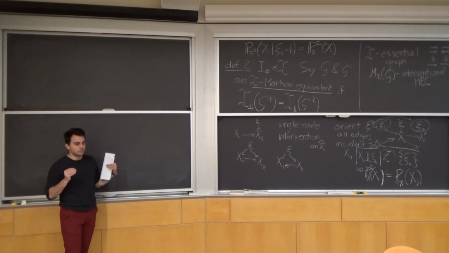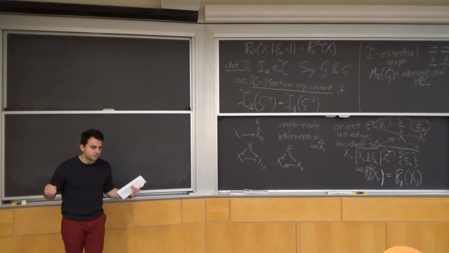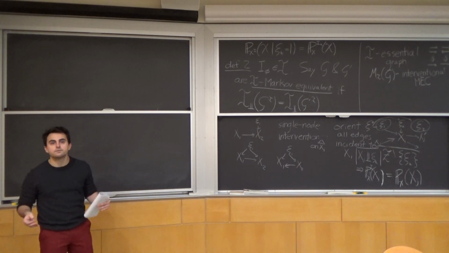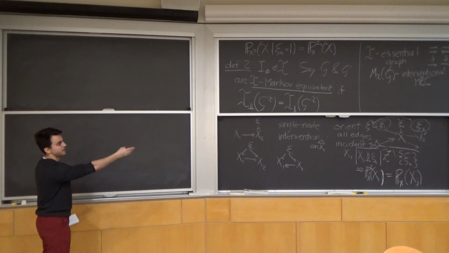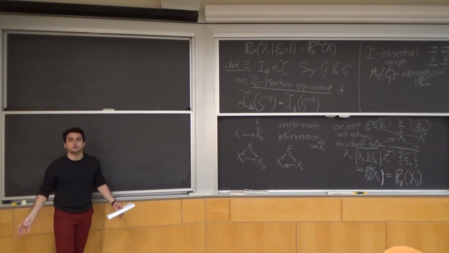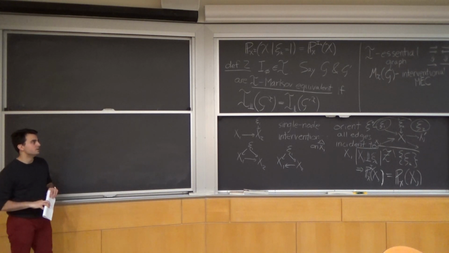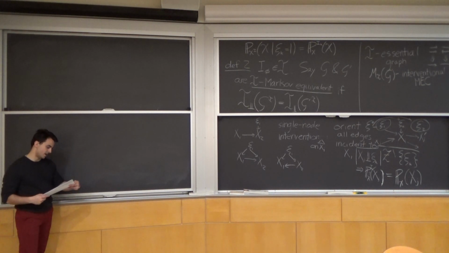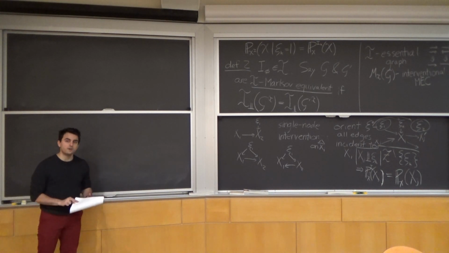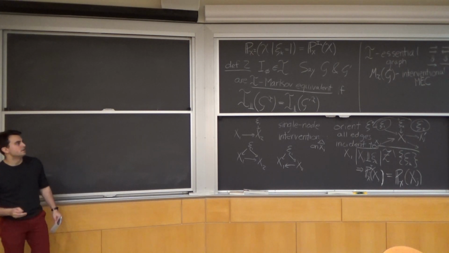If I intervene on them all one at a time, then I would fully orient the graph, because I would learn the edges incident to every node. That is what we're going to define as a verifying intervention set.